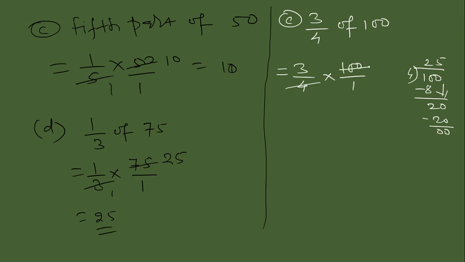So 4 25s are 100. Multiply the numerator: 3 into 25, 75. In this way, you can find out the particular part of the fractions.